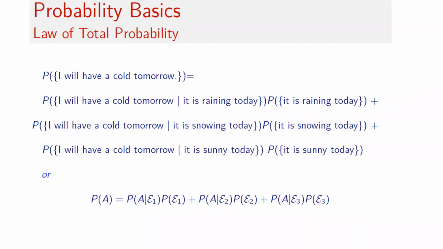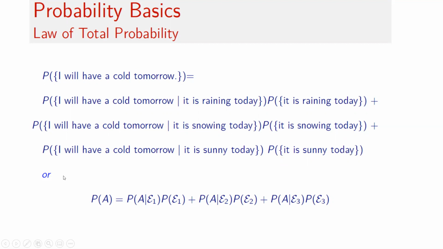So the probability that I have a call tomorrow is the probability that I have a call tomorrow given that it is raining today multiplied by the probability that it is raining today, plus the probability I will have a call tomorrow given it is snowing today times the probability it is snowing today, plus the probability I will have a call tomorrow given it is sunny today times the probability it is sunny today.